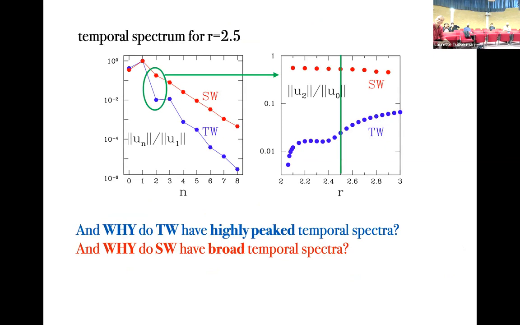You can see that it's highly peaked for the traveling wave here. You capture most of it, and it's much less peaked for standing. But it's a Fourier transform of a nonlinear limit cycle. Why does that work?